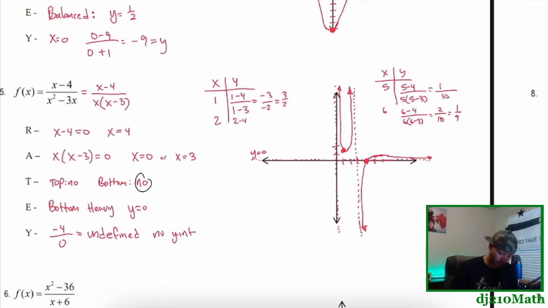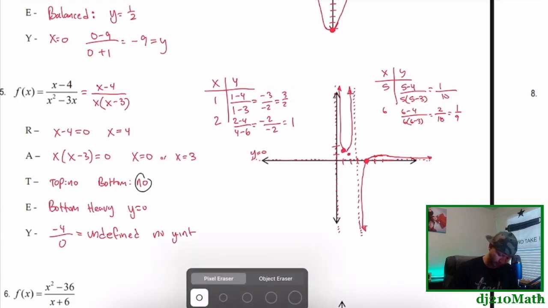So we have 2 minus 4 over 2 squared, which is 4, minus 3 times 2, which is 6. So this is going to be negative 2 over 4 minus 6, which is also negative 2. So this is positive 1. So when x is 2, the graph is going to look something like this.